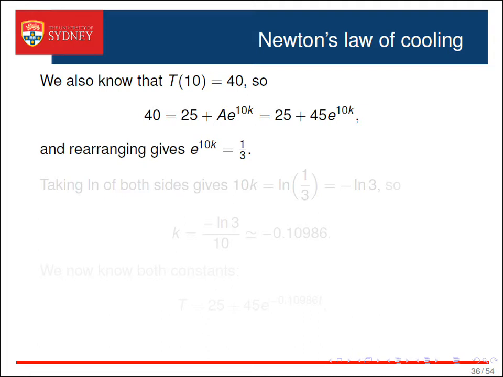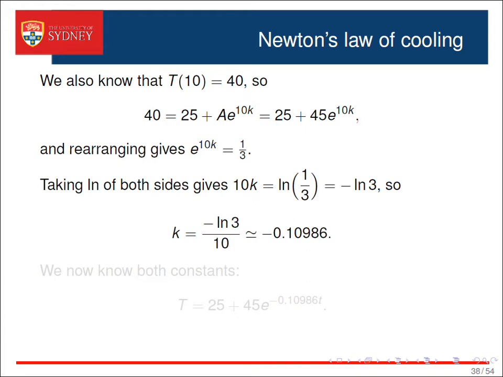If we rearrange, we have 45 e to the 10k equals 15. So e to the 10k equals 1/3. Taking natural logarithms of both sides gives 10k equals ln(1/3), which simplifies to negative ln 3. So k is a tenth of negative ln 3, which is roughly minus 0.11.